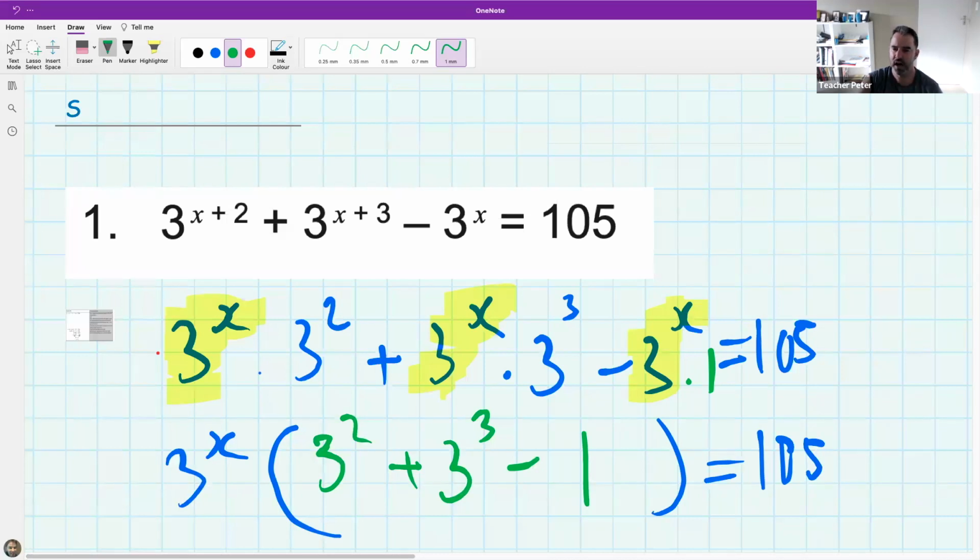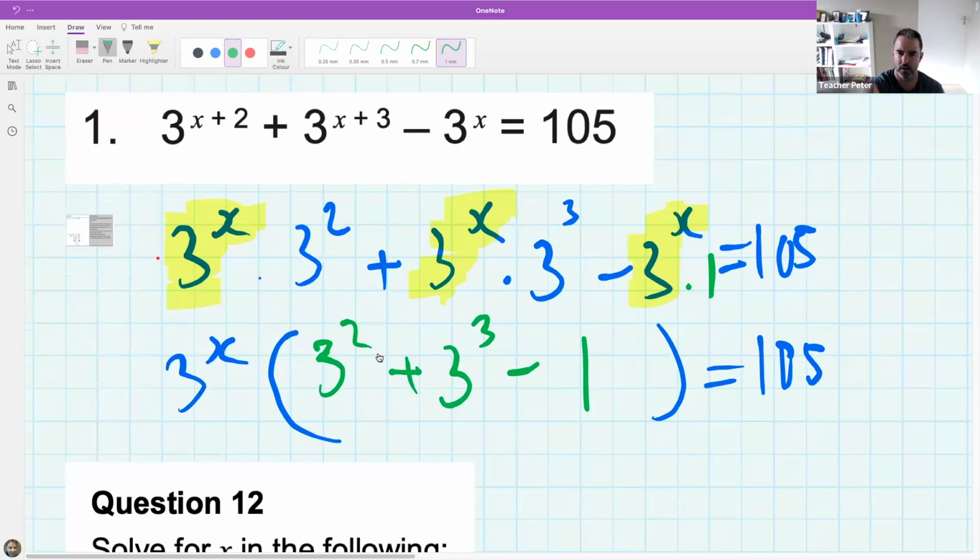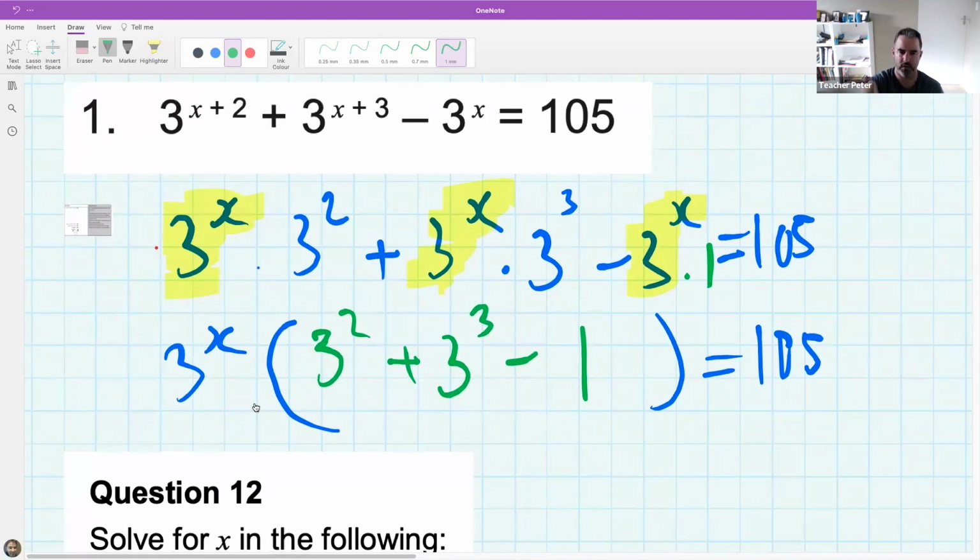Okay, now I want you to try and take it from that point and see if you can get from there. So basically we add the numbers inside the bracket. So if we do that, what are we going to get?